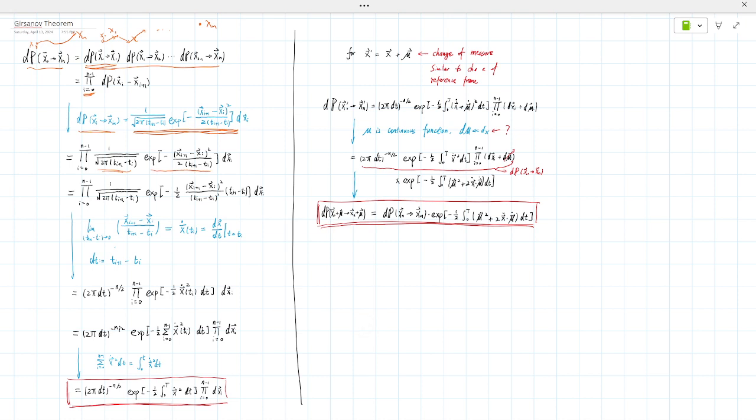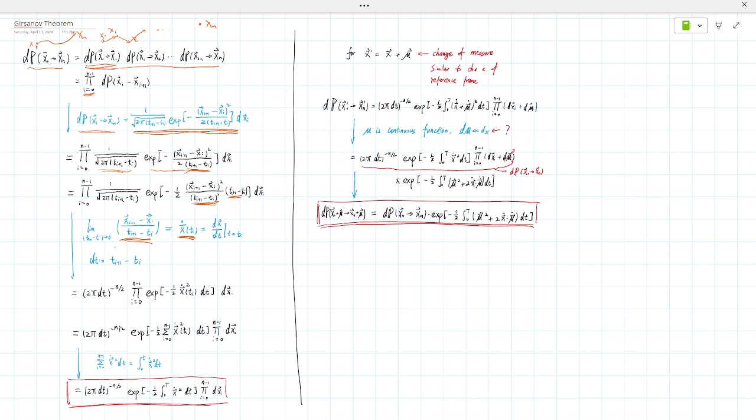And you multiply t(i+1) minus t(i) on both sides. We know that this can be equivalent to a degree of velocity.